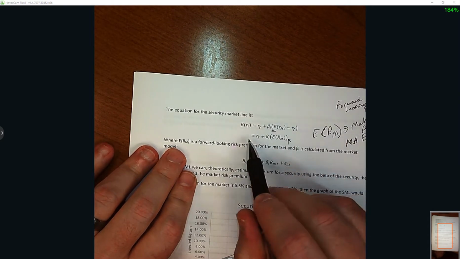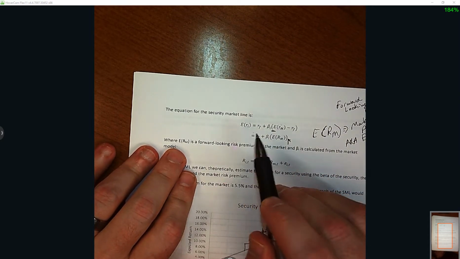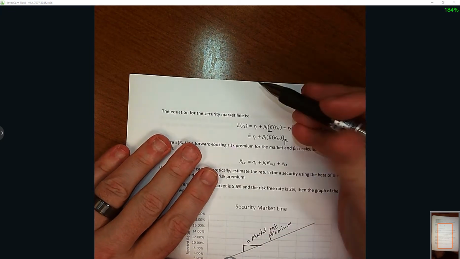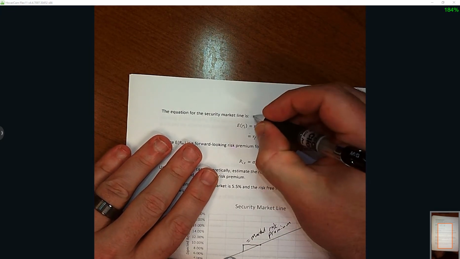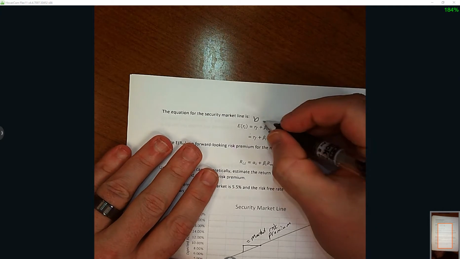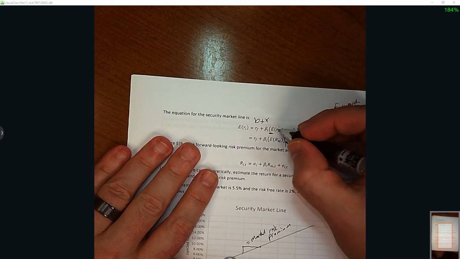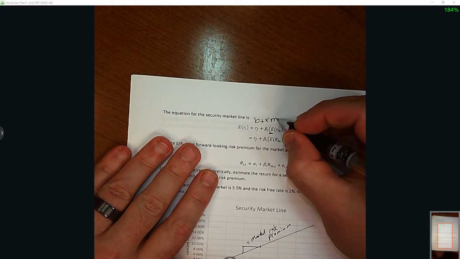So, up here, we've got the equation for the security market line, which is in slope-intercept form, kind of. The risk-free rate is b, the y-intercept. The beta is the x value, and the market risk premium is m.